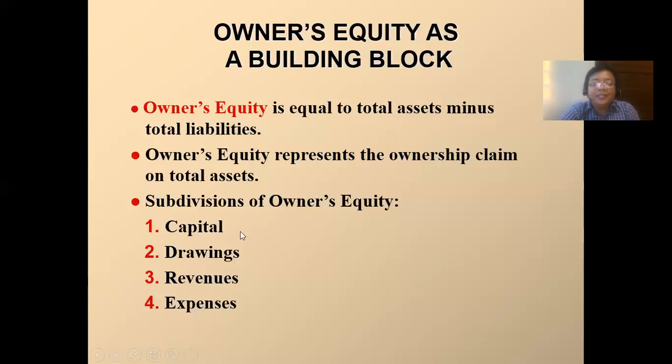Drawing is basically the cash withdrawal of the owner or the withdrawal of the partners. Revenue is just sales, or a part of the sales and revenue, an inflow, while expenses is an outflow, meaning it is subtracted from your revenue to get your net income.